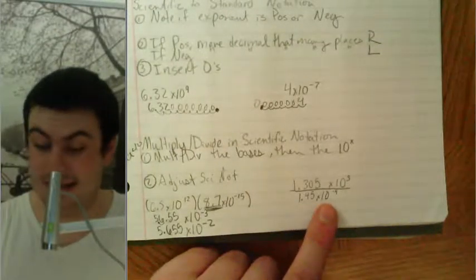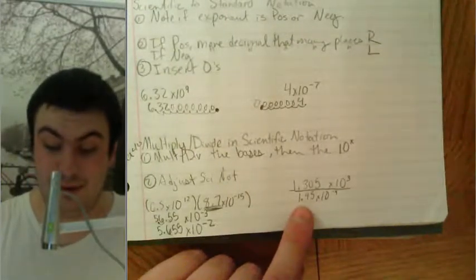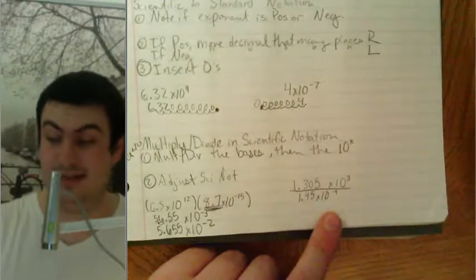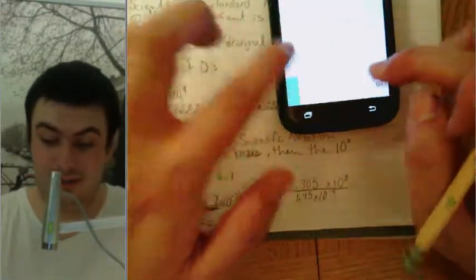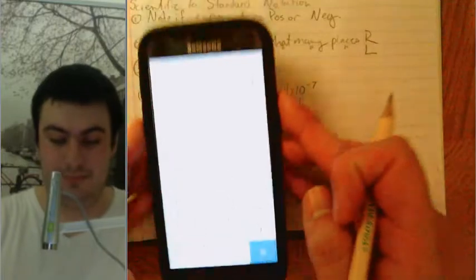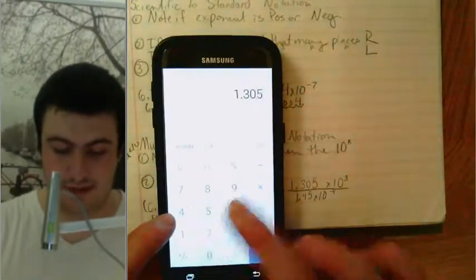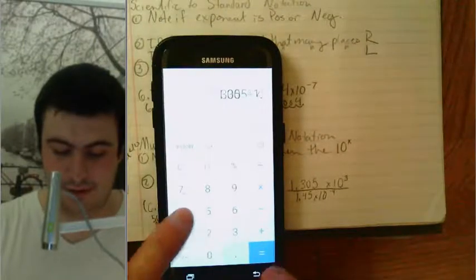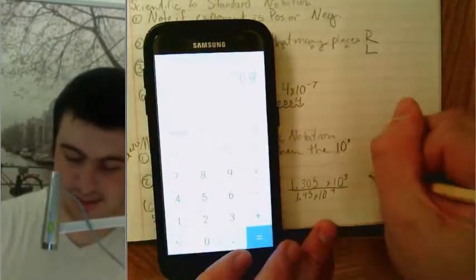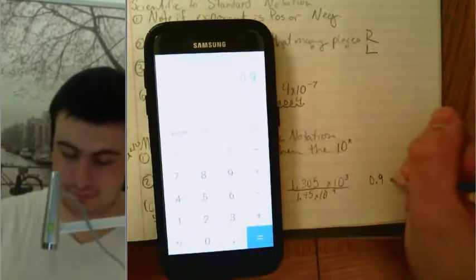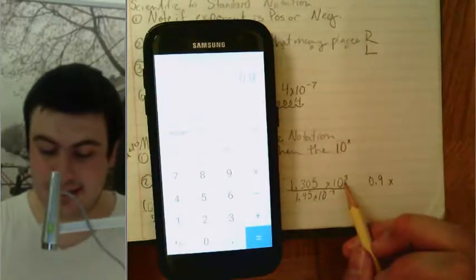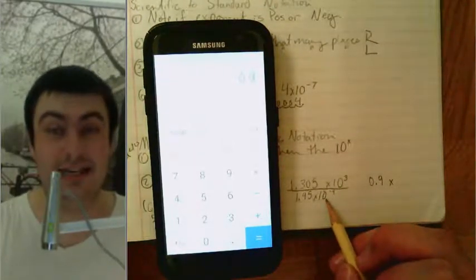Now if we look over here, we have 1.305 times 10 to the negative 3 divided by 1.45 times 10 to the negative 4. If I do 1.305 divided by 1.45, I have 0.9 times 10 to the third divided by 10 to the negative fourth.